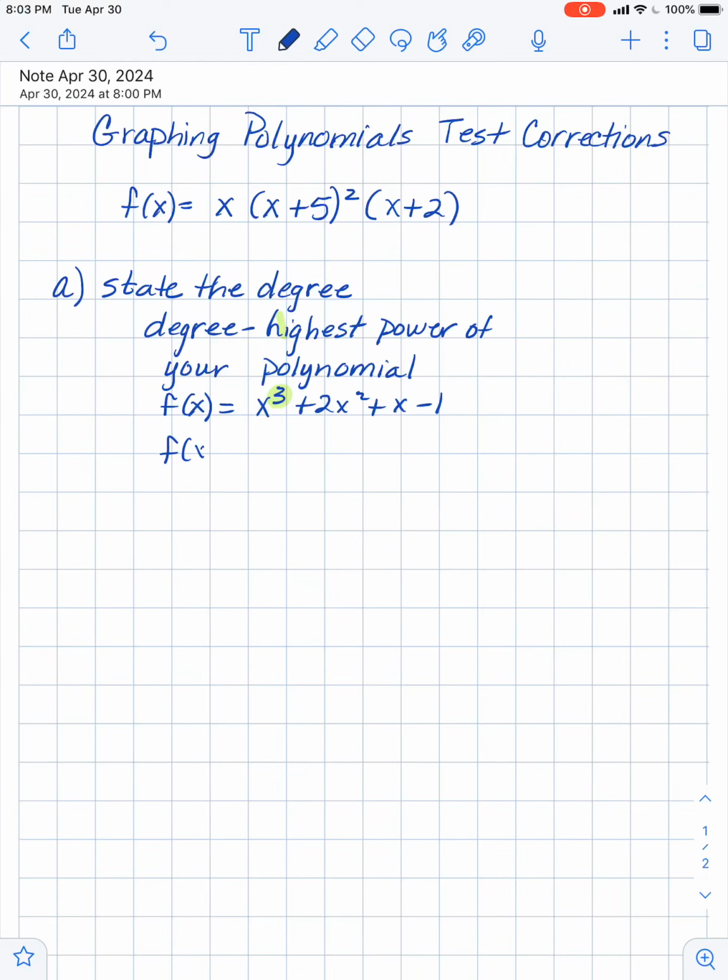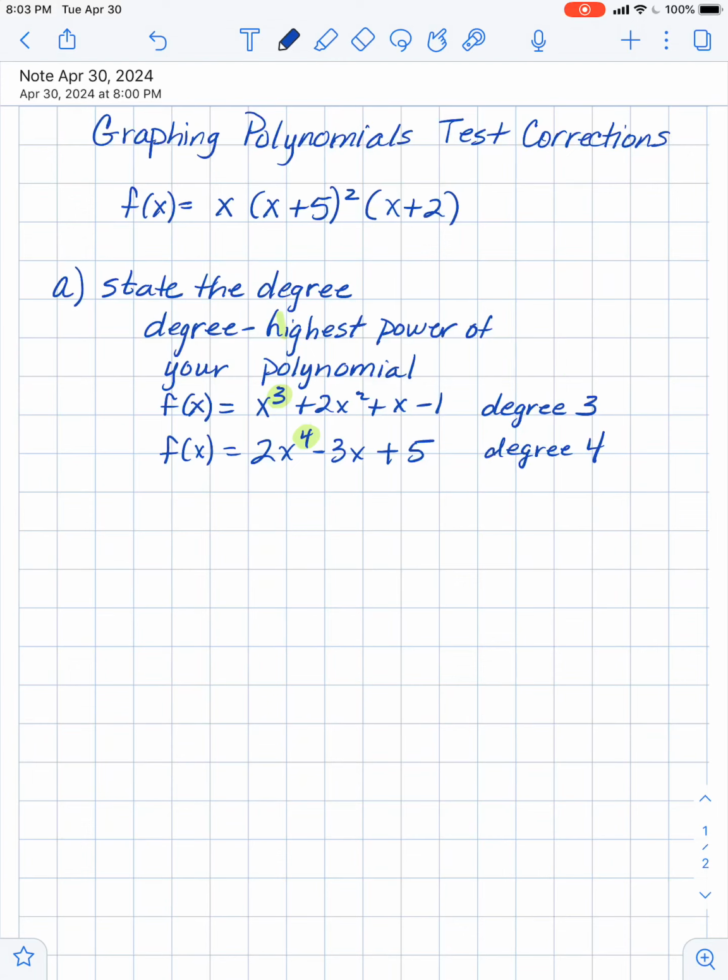We might also have 2x^4 minus 3x plus 5, in which case our highest power is a 4, so that would be degree 4.